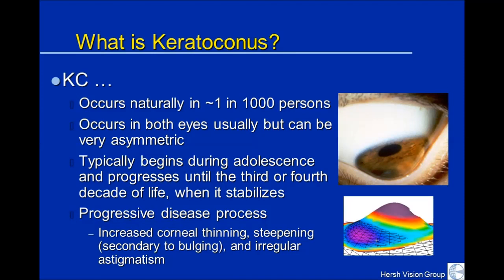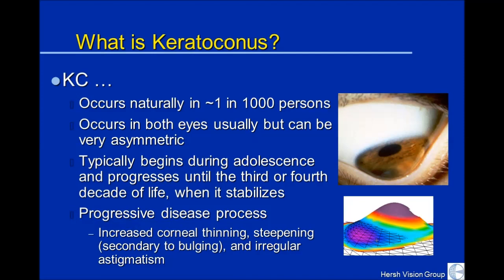Typically, keratoconus begins when you're a teenager. It is a problem that progresses, so that bulge increases over time, and it tends to stabilize as you get older. The older you are, the more expected it is that your KC will have stabilized.